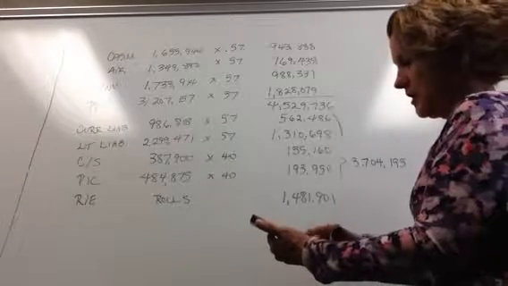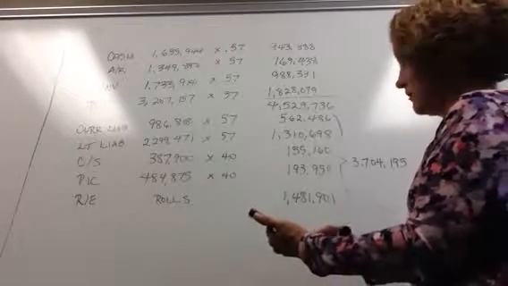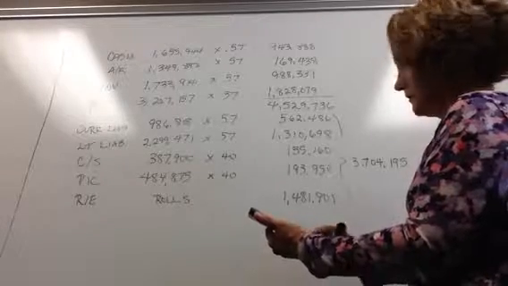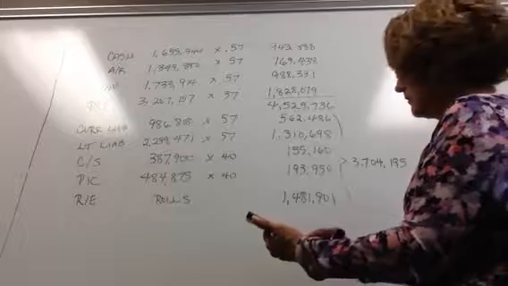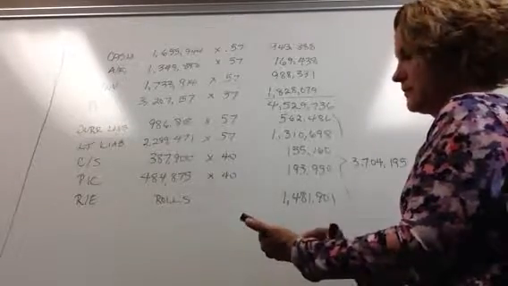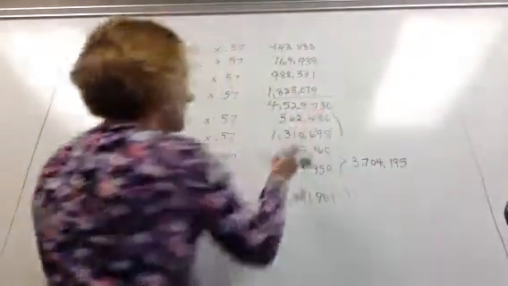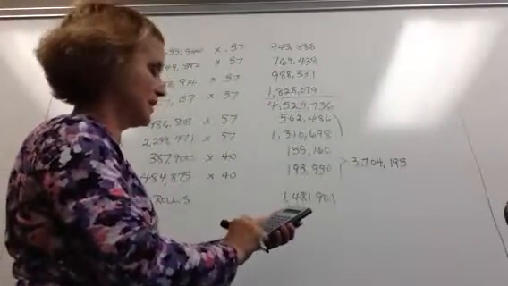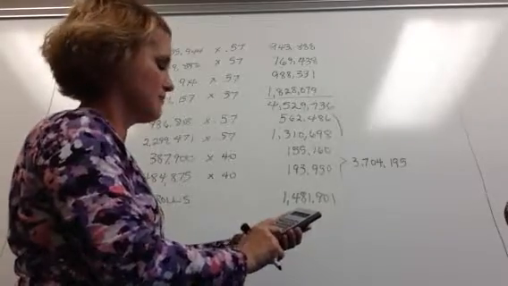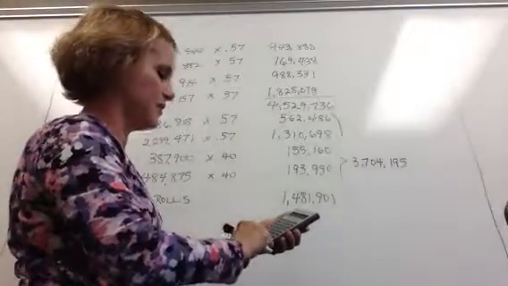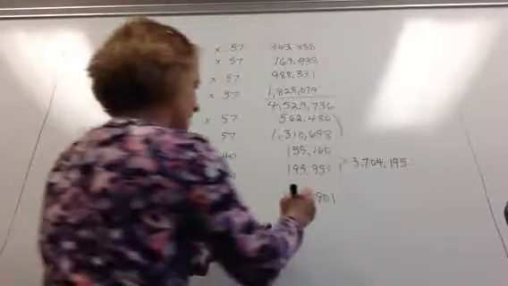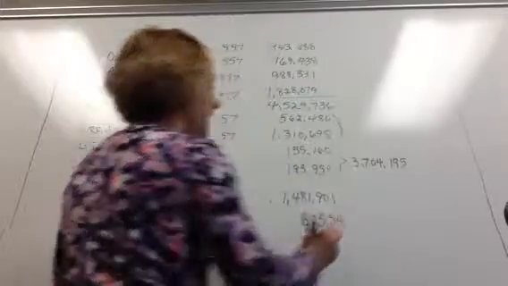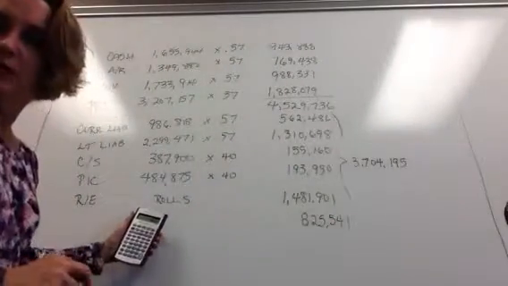And I might just double check that just to make sure I didn't add anything up incorrectly. Okay, but I did not. So then our difference is the $4,529,736 minus the $3,704,195. I've got an $825,541 adjustment that needs to go into here.